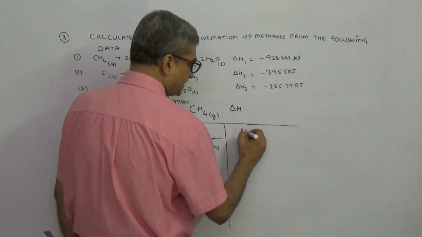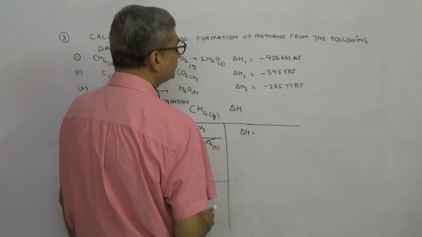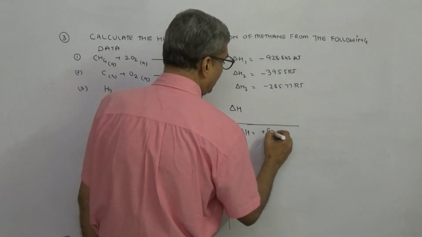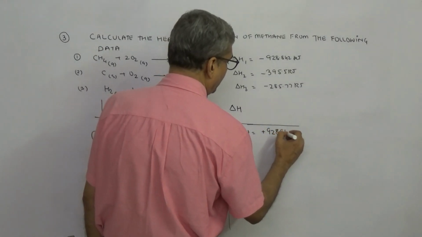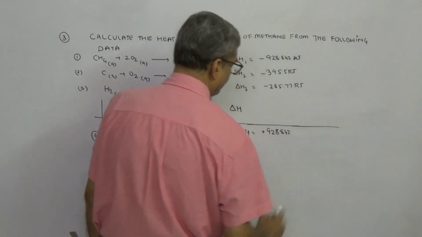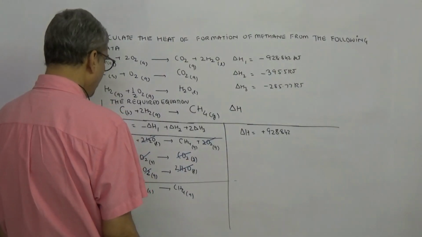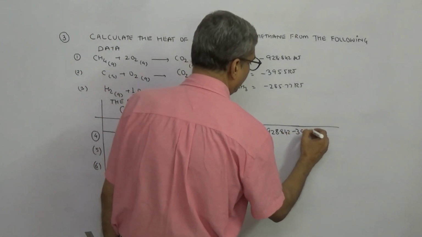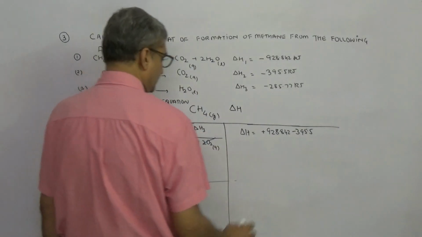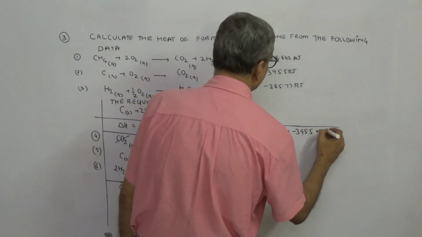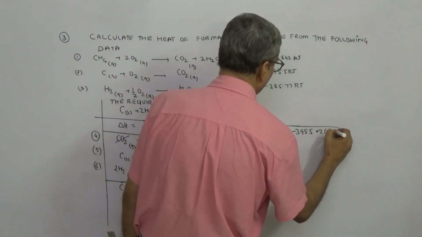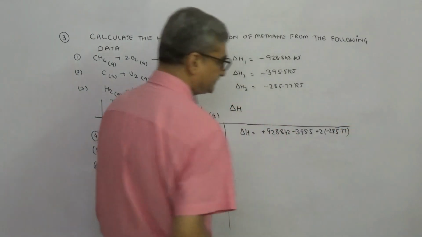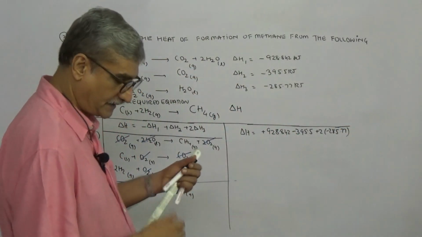So delta H will be equal to minus delta H1, so this becomes plus 928.842. Then we have delta H2 as such, minus 395.5, plus 2 times minus 285.77. So let us now calculate this.